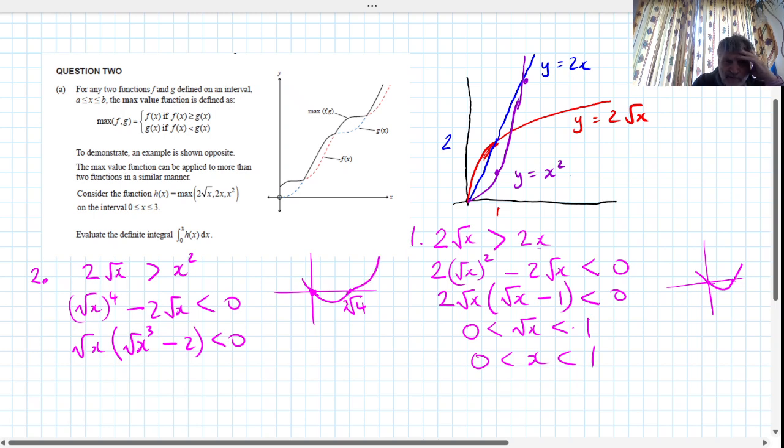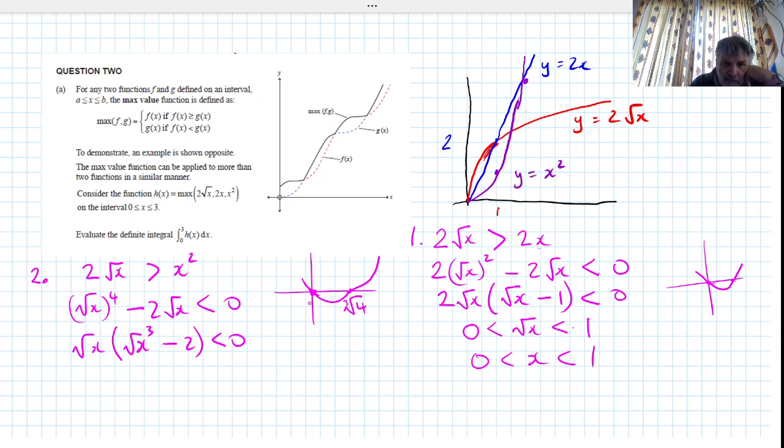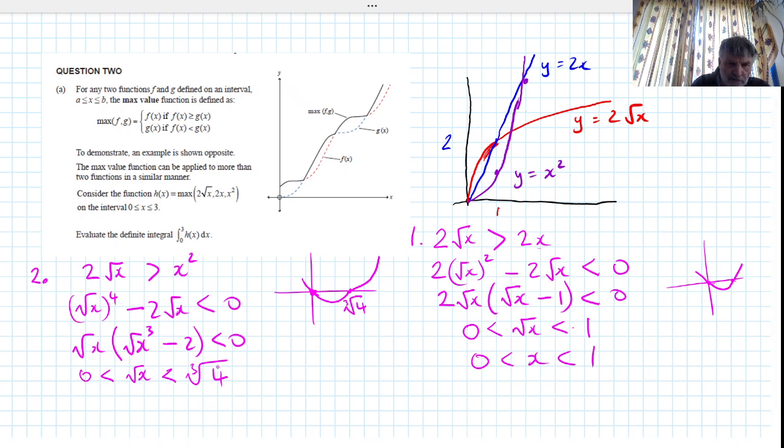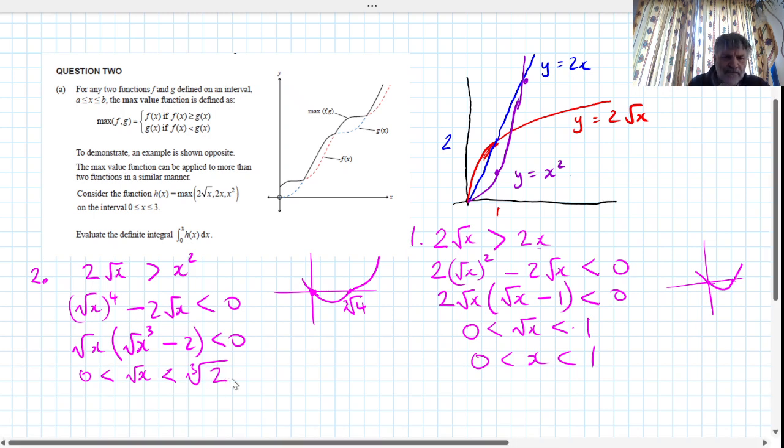There'll be some sort of point of inflection here, so we've got 0 less than root x less than the cube root of 4. Cube root of 2, when you square it you get 4.